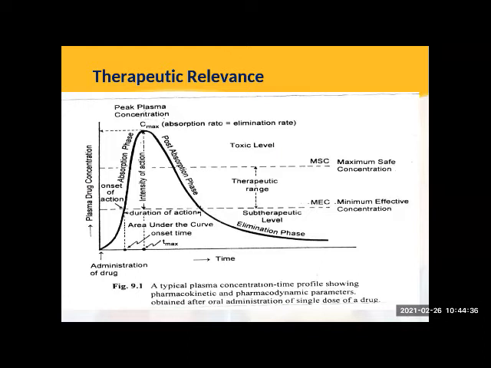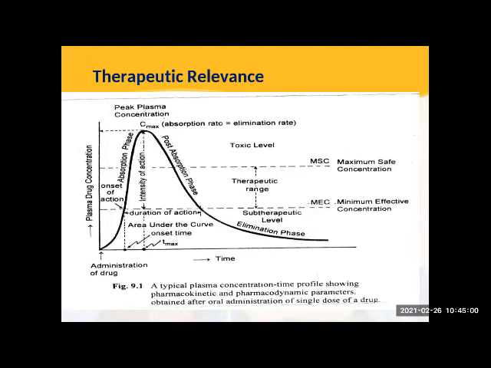It will go on increasing, and at some point it will also cross the maximum safe concentration in the plasma. At the peak, the concentration which corresponds to that time is called Cmax.